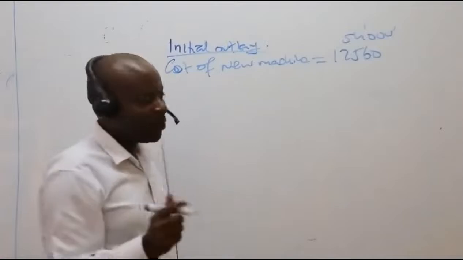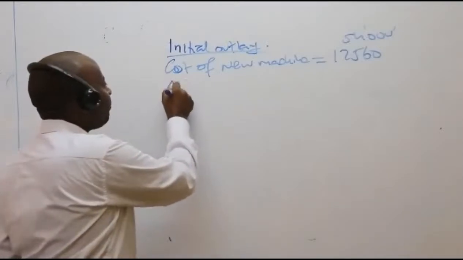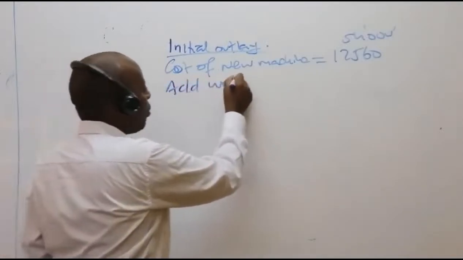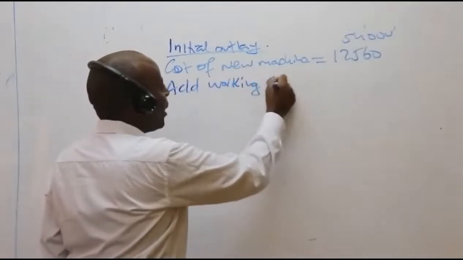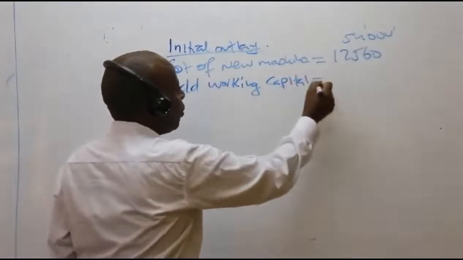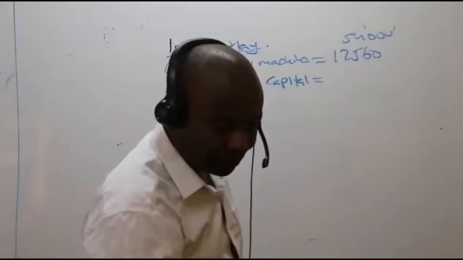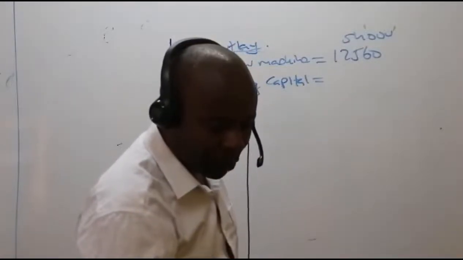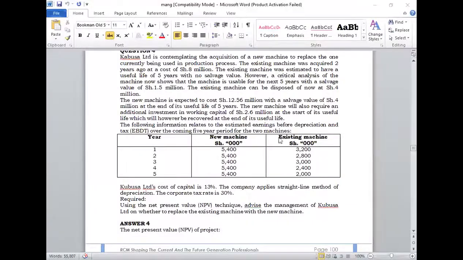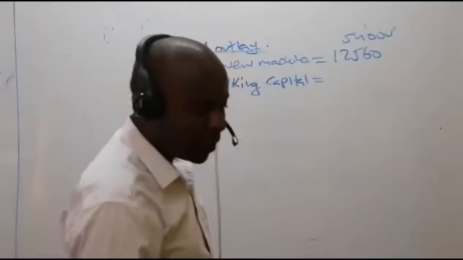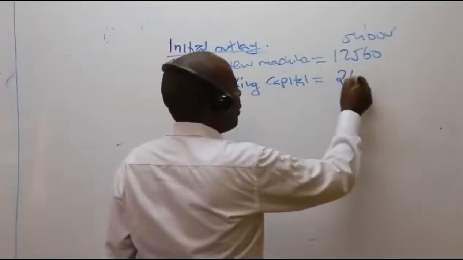There is working capital. So in this case here, add working capital of 2,600. Additional working capital of 2,600.